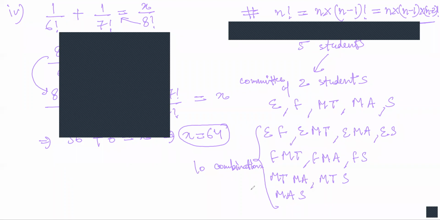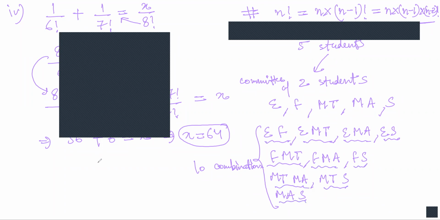This is basically selecting two students out of the given 5 students. So basically we are making combinations of two students. This is combination. Every single such notation represents a combination. There are total 10 different combinations. So this is combination.